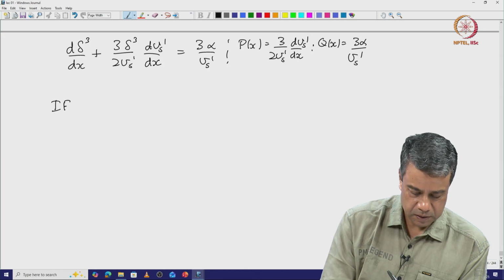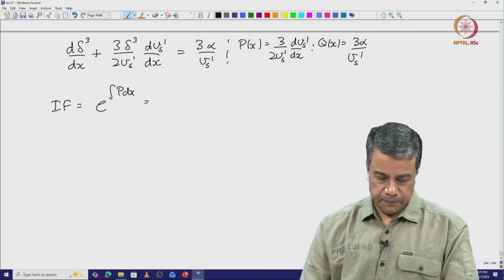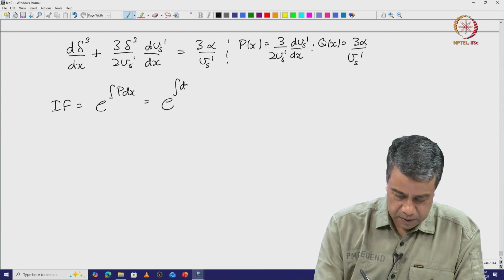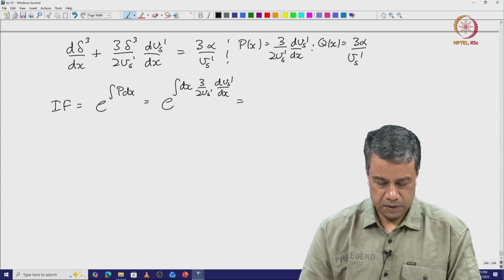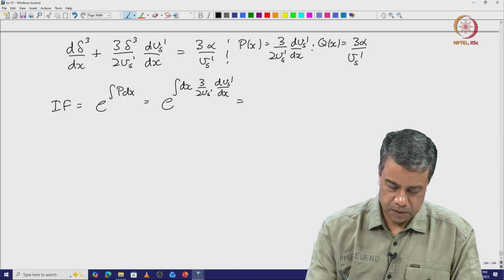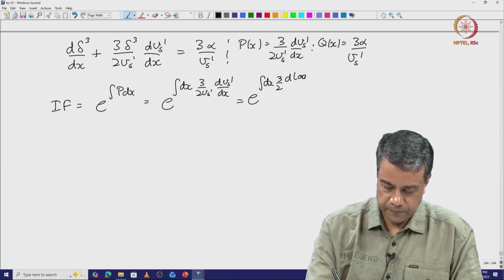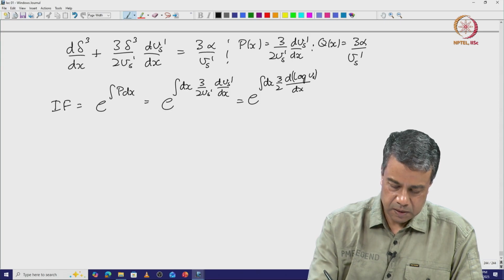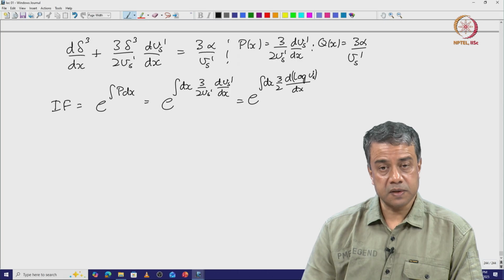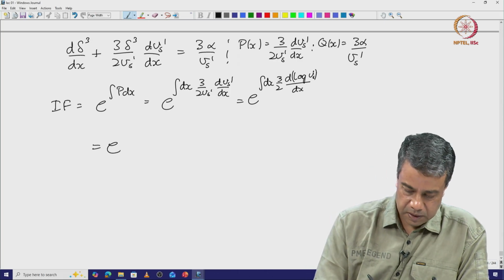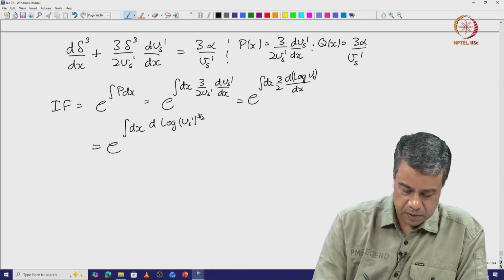Therefore, the integrating factor is equal to e power integral p dx, which is e power integral dx into 3 by 2 into d log V s prime by dx. 1 by v dv by dx is d of log of v by dx, and 3 by 2 times log v is just log of v to the 3/2 power.